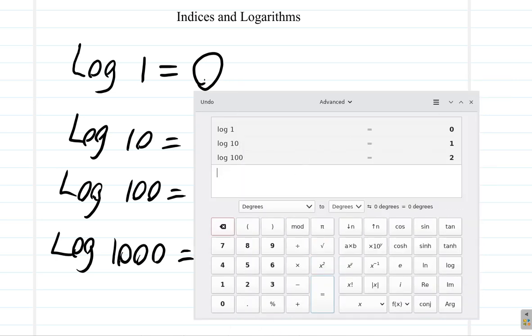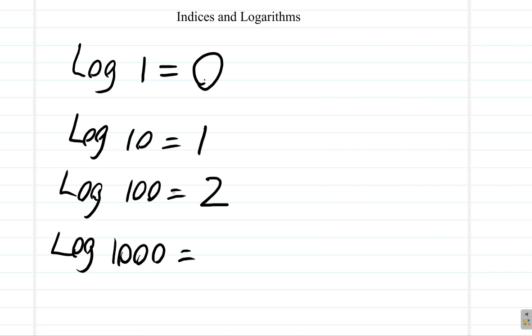Let us see. Log 1000 equals 3. Log 1000 is 3. By the way, before we try log 10,000, let's see something here.